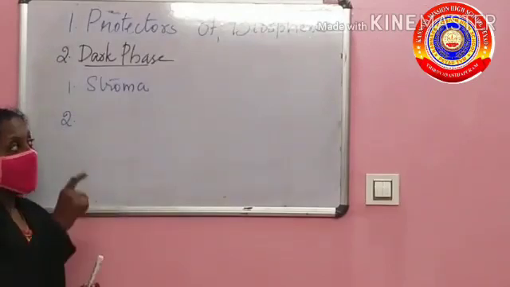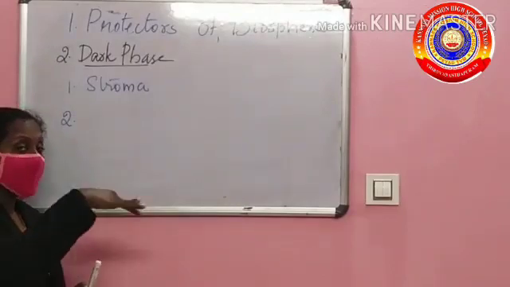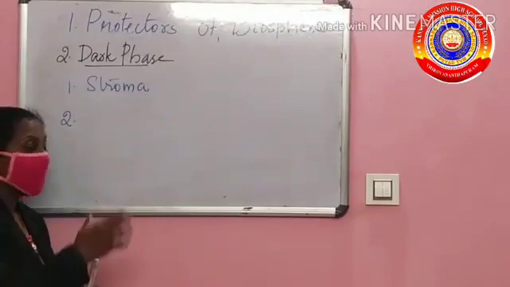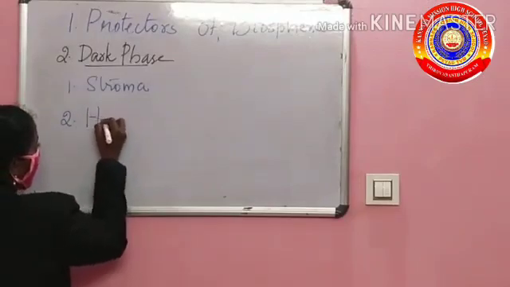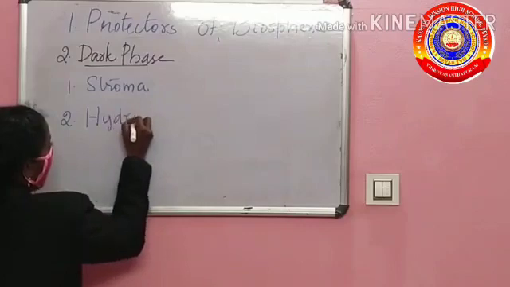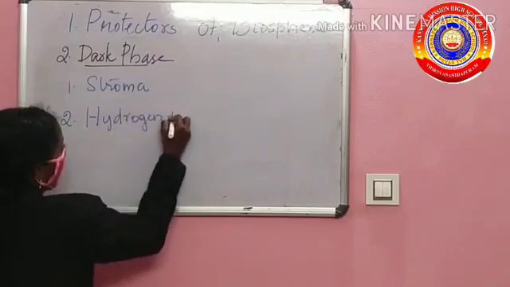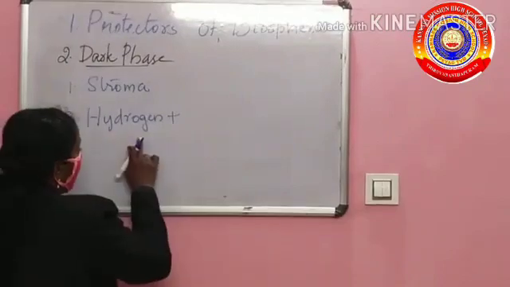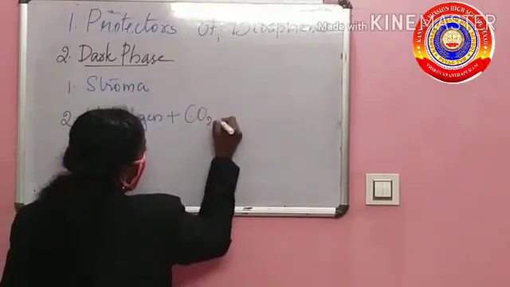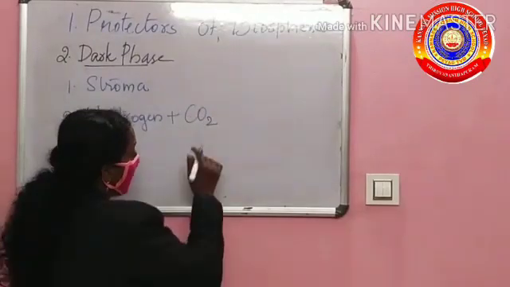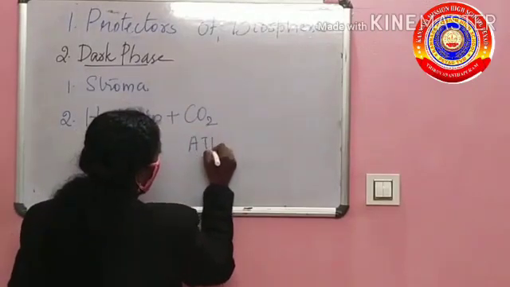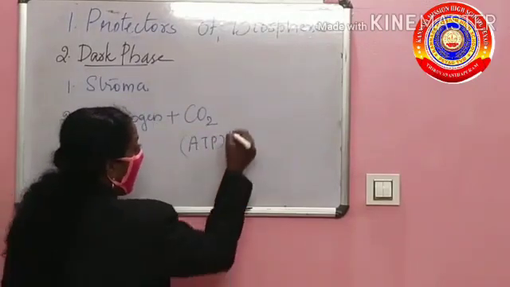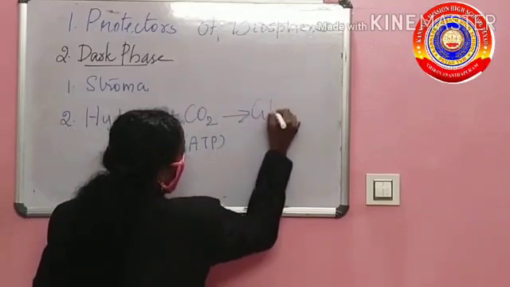We know that during the light reaction, hydrogen is released. Here, hydrogen combines with carbon dioxide which is present in the plant, in the presence of ATP molecules, and gives rise to glucose.